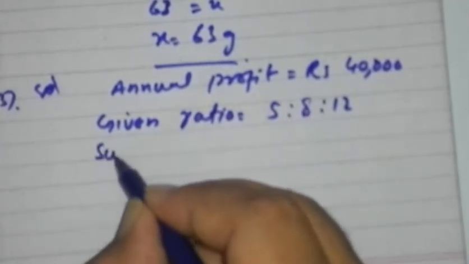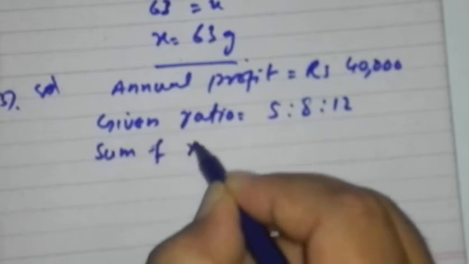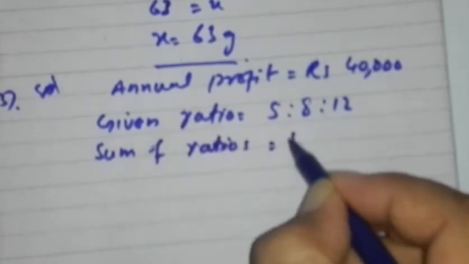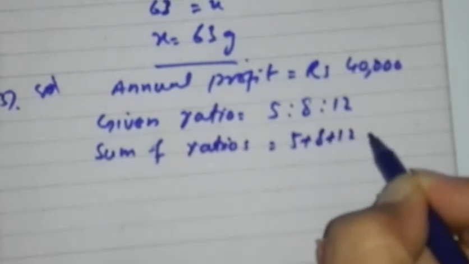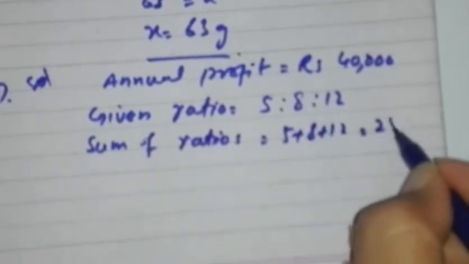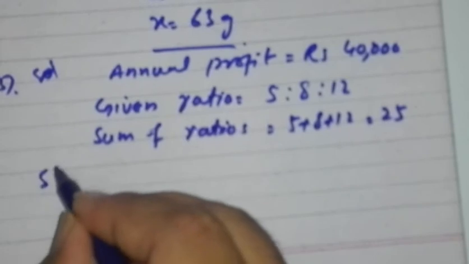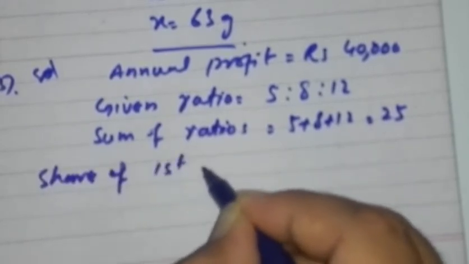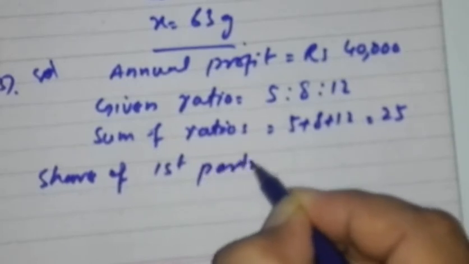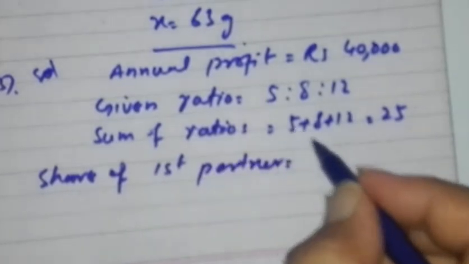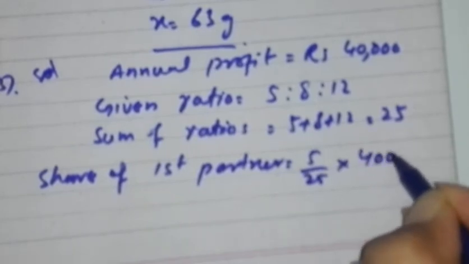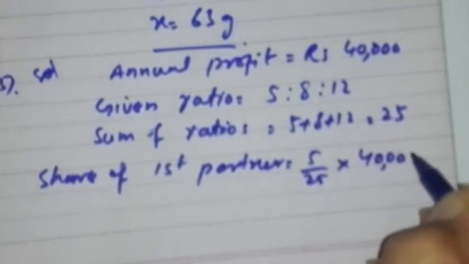So sum of ratios: 5 plus 8 plus 12, we get 25. Now share of the first partner: 5/25 into 40,000.